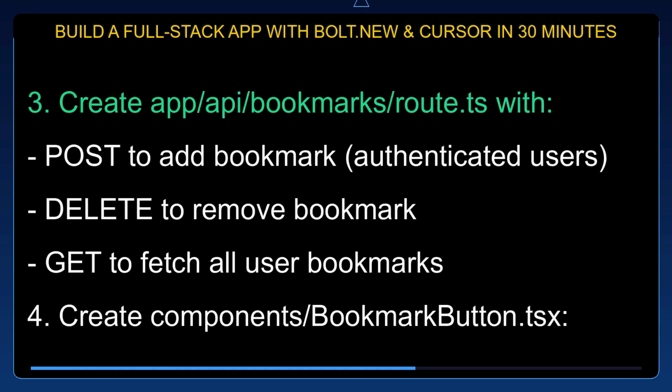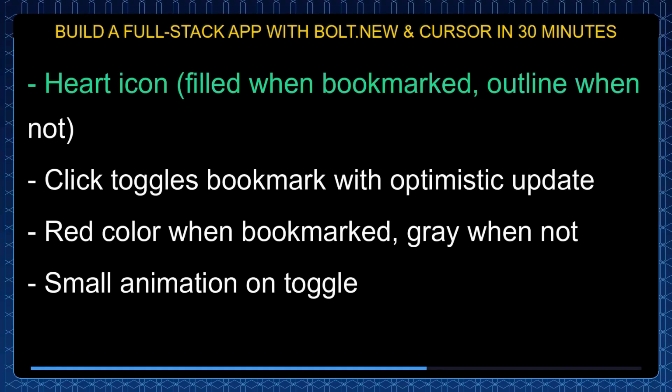Create app/api/bookmarks/route.ts with POST to add bookmark, authenticated users, DELETE to remove bookmark, GET to fetch all user bookmarks. 4. Create components/BookmarkButton.tsx. Heart icon, filled when bookmarked, outline when not. Click toggles bookmark with optimistic update, red color when bookmarked, gray when not, small animation on toggle.